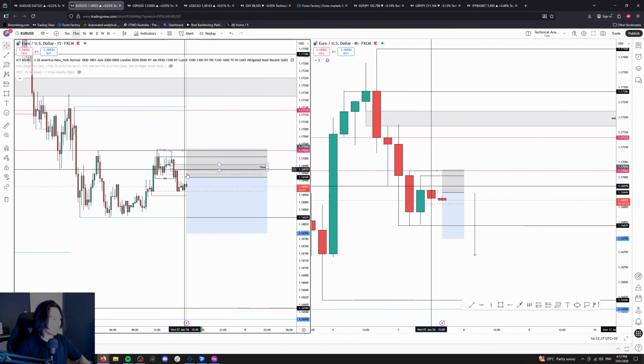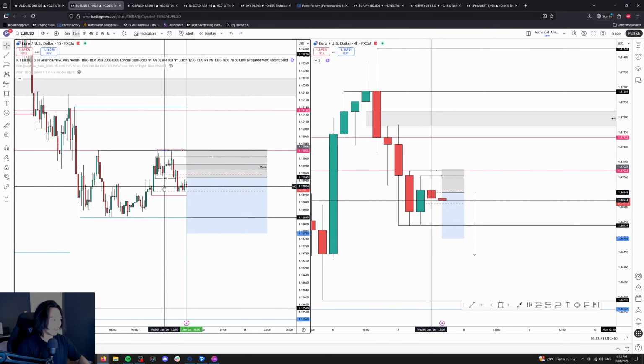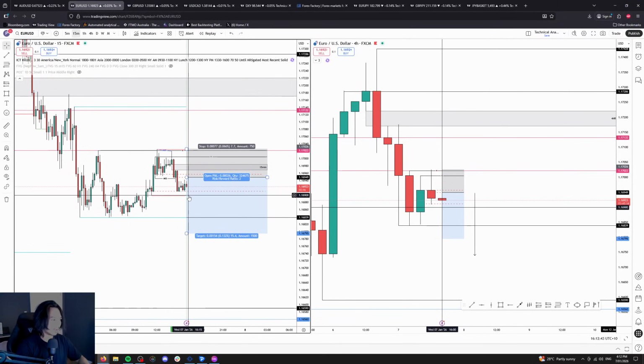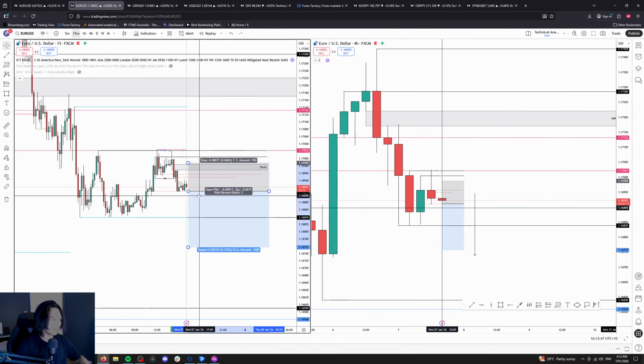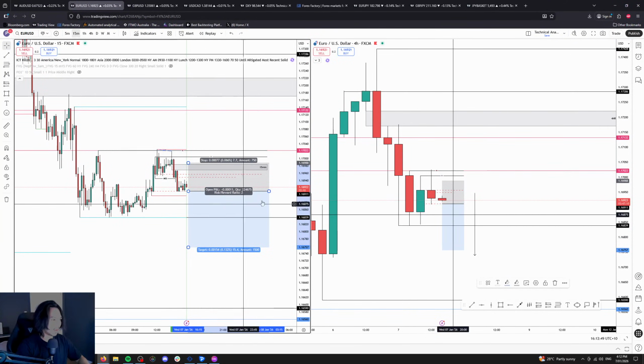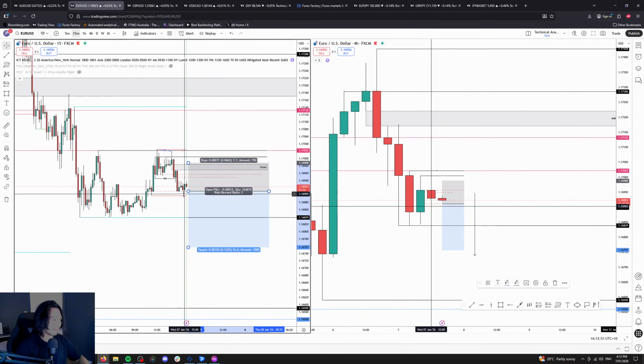Euro USD, I'm still hoping for a retracement into this level here. If I don't get it, I might wait for a candle close below this level. Then we'll have to use this structure here as the entry to be tagged in.